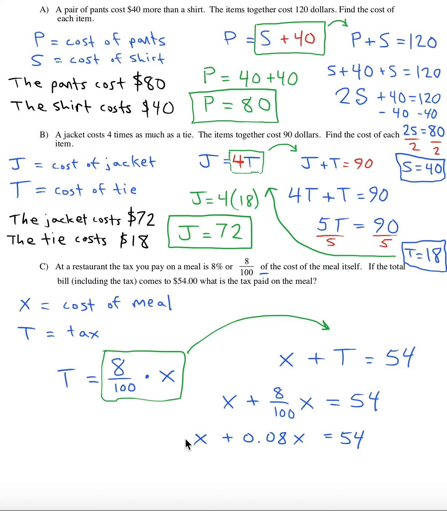Also notice that the x is alone, which means its coefficient is a 1. So if we are to add like terms here, we want 1 apple plus 0.08 apples. How many apples does that give us? 1.08 apples. Now we'll want to just divide by that 1.08, thus revealing that the cost of the meal was actually $50.